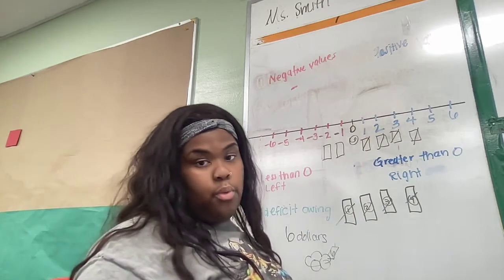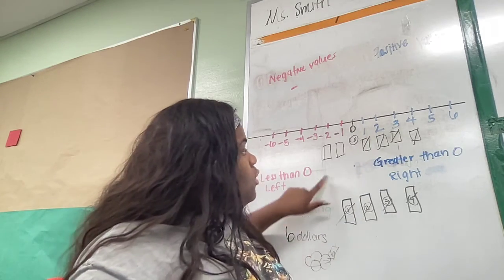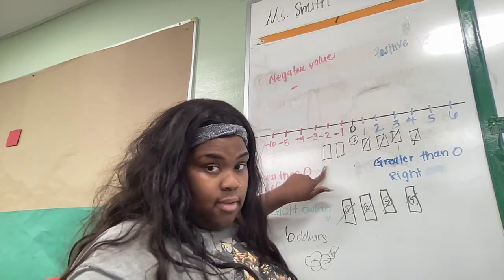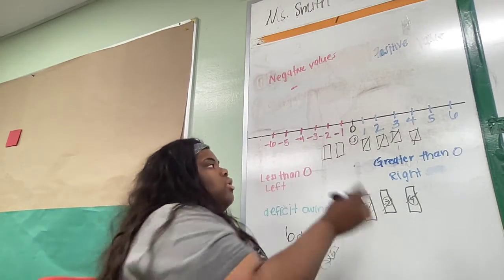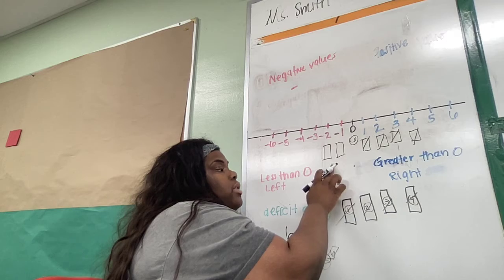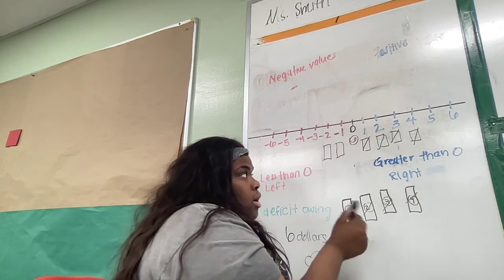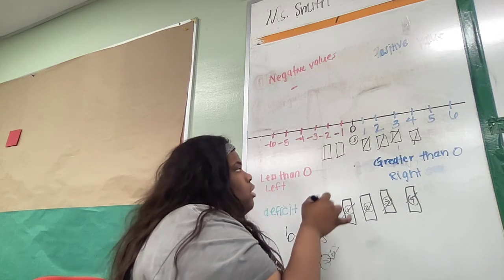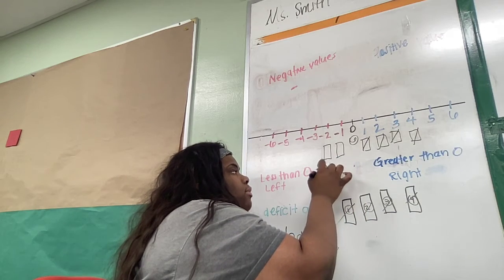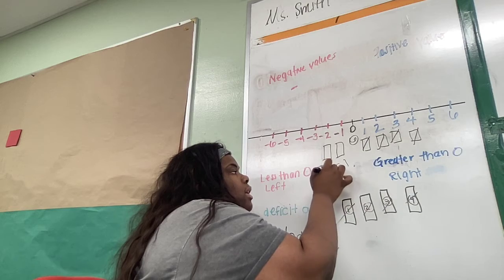0, there's no value. So now you're going to skip over into the negative of owing. Now you owe $2. So now you're in the negative. -1, -2.